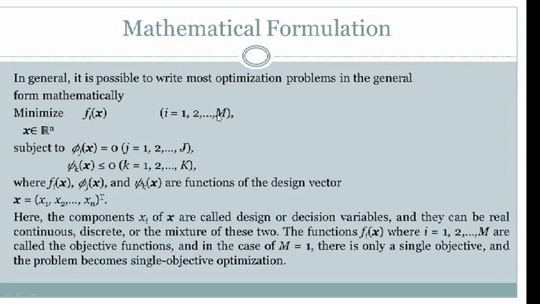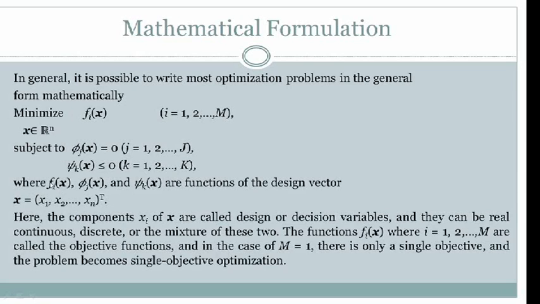If m is greater than 1, then it will be a multi-objective problem, and if m equals 1, this is a single objective optimization problem, subject to certain equality constraints and some less-than inequality constraints. If j equals 0 and k equals 0, then this will be considered an unconstrained optimization problem.